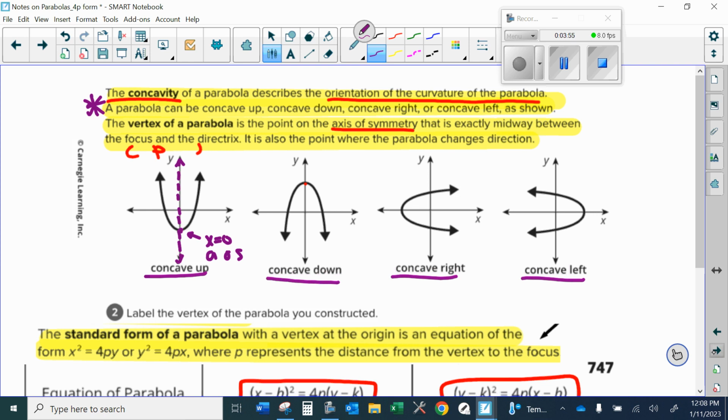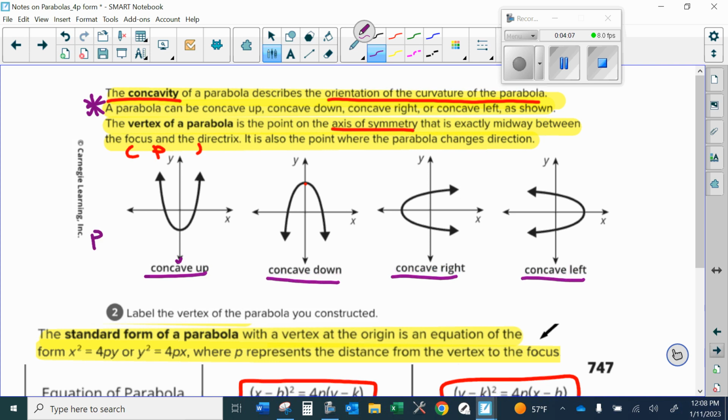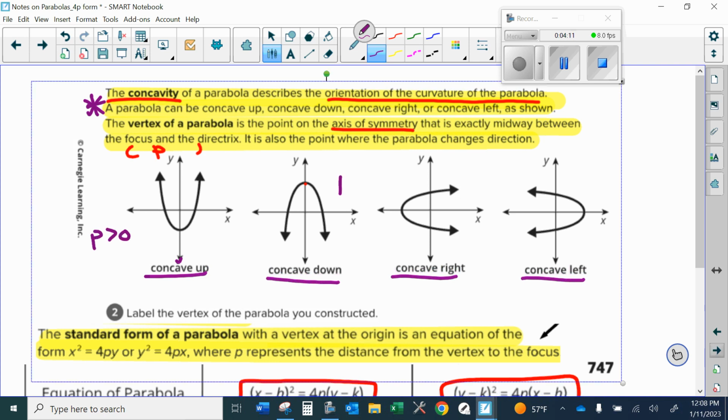Now remember, if it opens up, a is positive. Well, in this case, we're going to be talking about p. So p is positive. If it opens down, p is going to be negative. If it opens to the right, p is positive, and if it opens to the left, p is negative. We'll see that when we get to the equations coming up.